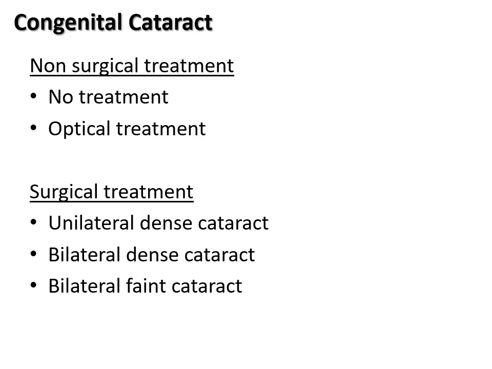If it's a bilateral dense cataract, it should be done in the first few weeks of life before the development of the fixation reflex, which usually happens at the 3rd month. So we should do the surgery before this age. If it's a bilateral faint cataract, and if the vision of the patient is less than 6/18 with optical correction, we can consider the surgery.